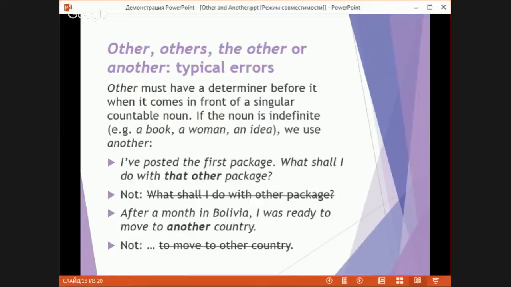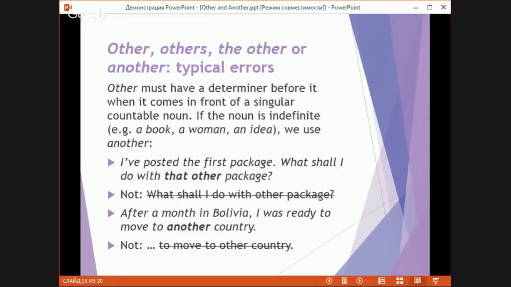A few more. Also, other must have a determiner like the, you remember, or one, or our, or their. It comes in front of a singular noun. When it comes in front of a singular noun, if the noun is indefinite, a book, a woman, an idea, we use another. When it is definite, we use other.